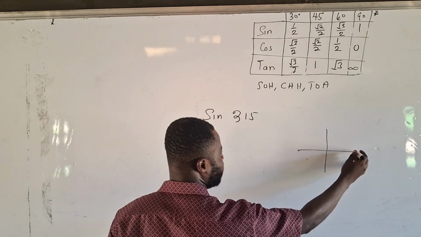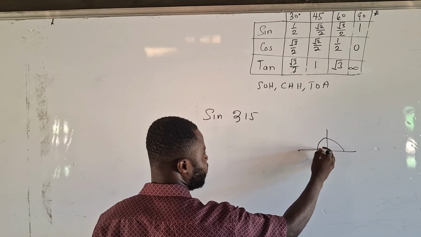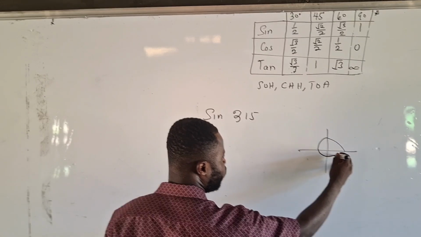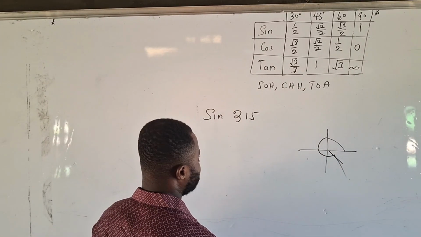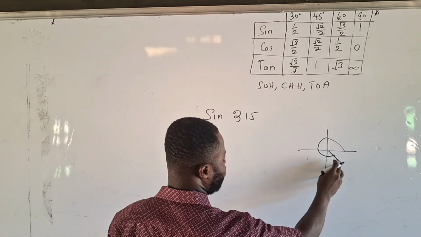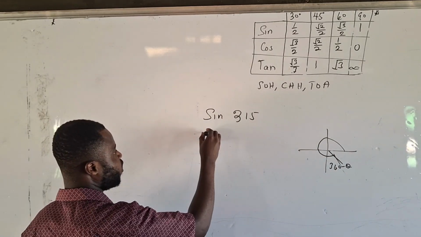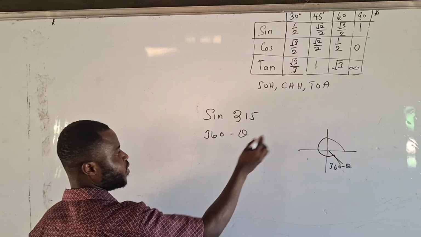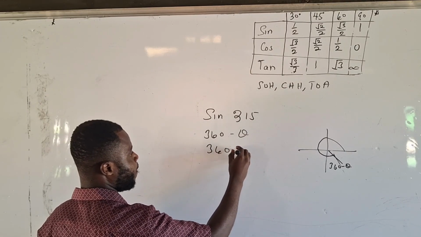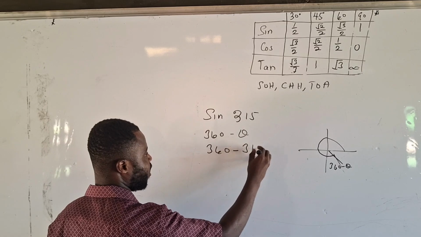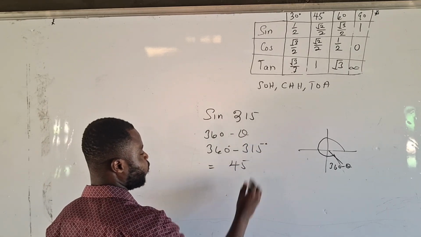Now with our rough sketch here, 90, 180, so 315 is going to fall within the fourth quadrant, and the fourth quadrant is 360 minus the angle given. So 360 minus theta, which is the angle given. So we have 360 minus 315 degrees, which will give us 45.